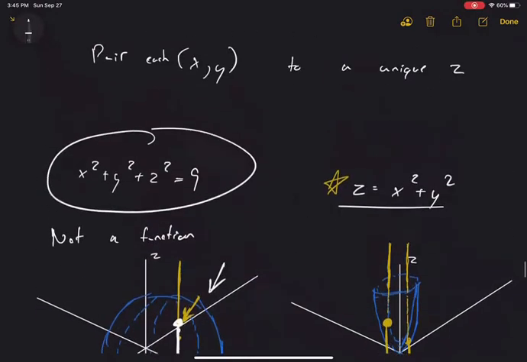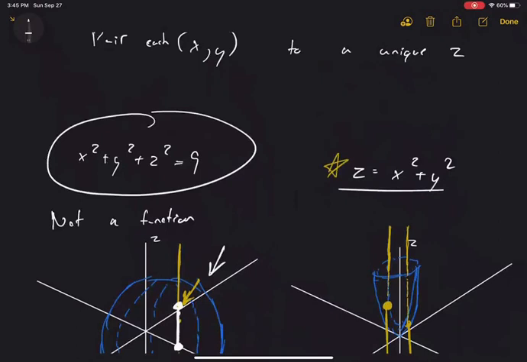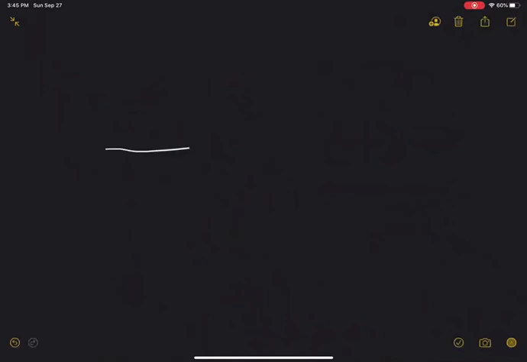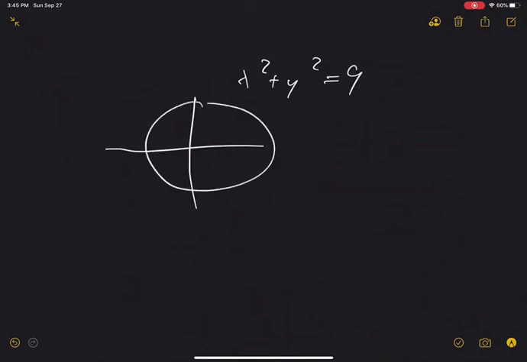So even though they're giving you shapes in that three-dimensional space, even though they're giving you these surfaces, they're not necessarily functions. It's the same exact idea that, in R2, x squared plus y squared equals 9, that's a circle. So this equation gives you a shape in this plane. It's this circle, you can draw it, but it's not a function, because it doesn't pass that vertical line test.